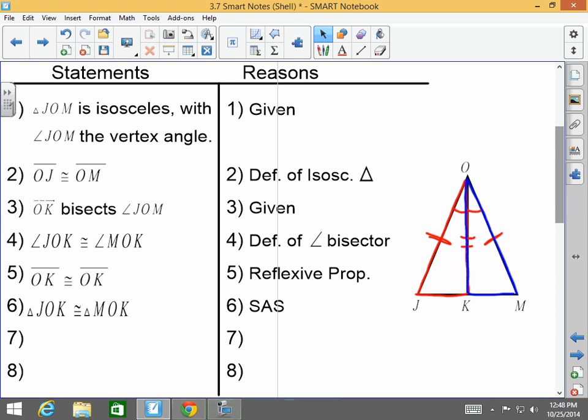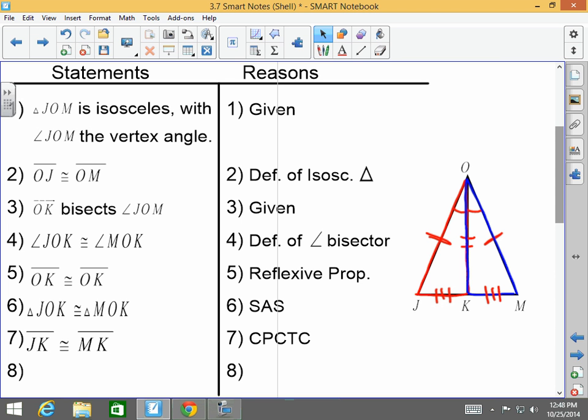Since I know that these two triangles are congruent, now I can state that JK is congruent to MK, which is what I wanted to prove, because of CPCTC.